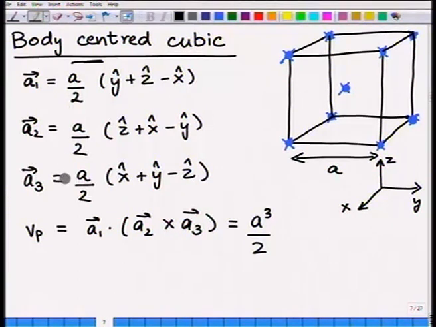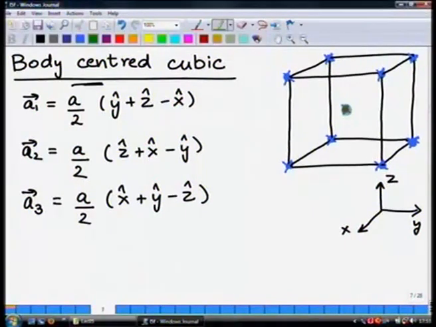The orientation I am using is x in this direction, y in this direction, and z in this direction. So, let us look at A1. For A1 we move A by 2 in the y direction, A by 2 in the z direction, and A by 2 in the minus x direction. So, let us do that.